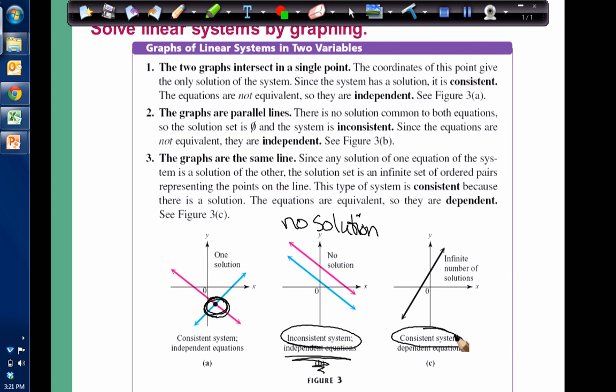That means it does have a solution, but the equations are dependent, which means they're the exact same line. So in this case, the entire line is the solution, because every point on that line will work for both equations. And in the first case, we have a consistent system, which means we have a solution, with independent equations, which means they are different equations.